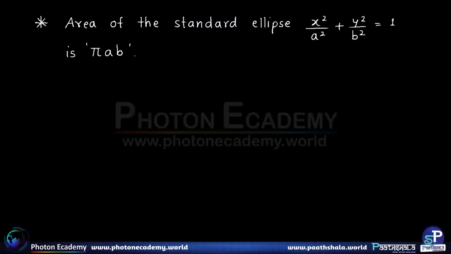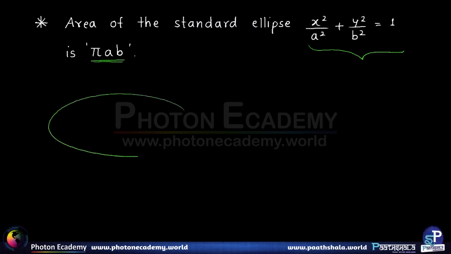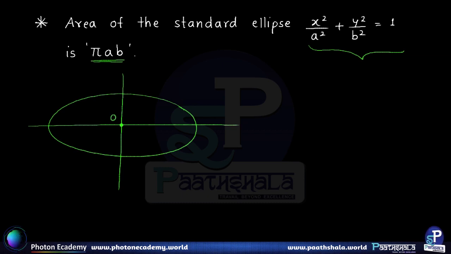Area of the standard ellipse whose equation is given to us is pi AB. So basically when we know the equation of the standard ellipse, which is situated in this position where the center is at the origin, to find the area, what we do is consider only the portion of the ellipse lying in the first quadrant, and we multiply that area by 4 so that we get the total area.